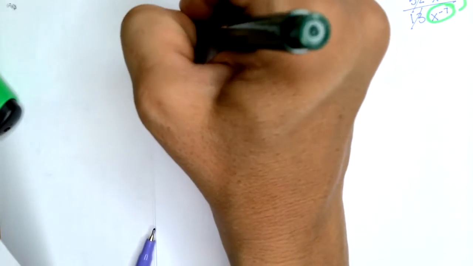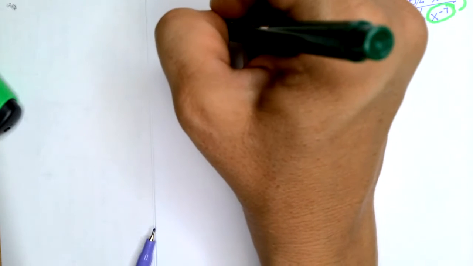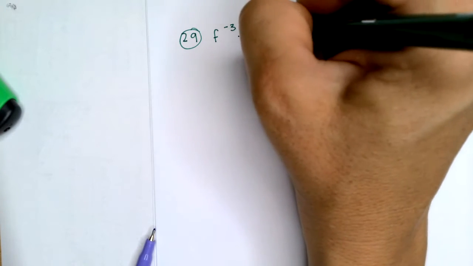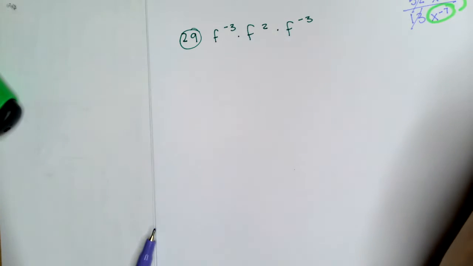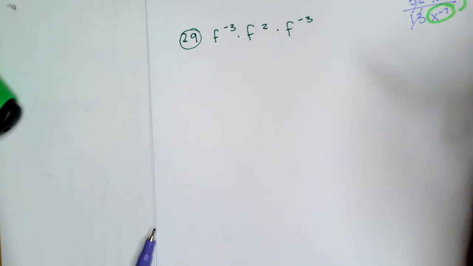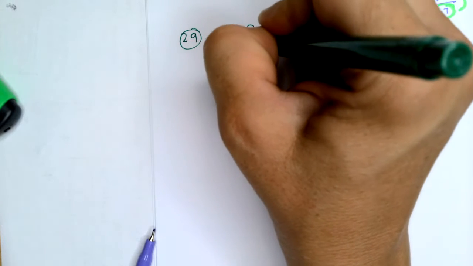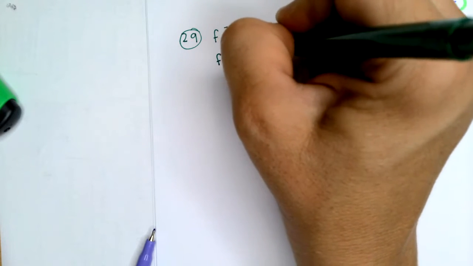29 says f to the negative 3 times f squared times f to the negative 3. We're just multiplying, so all that is adding. Negative 3 plus 2 plus negative 3.